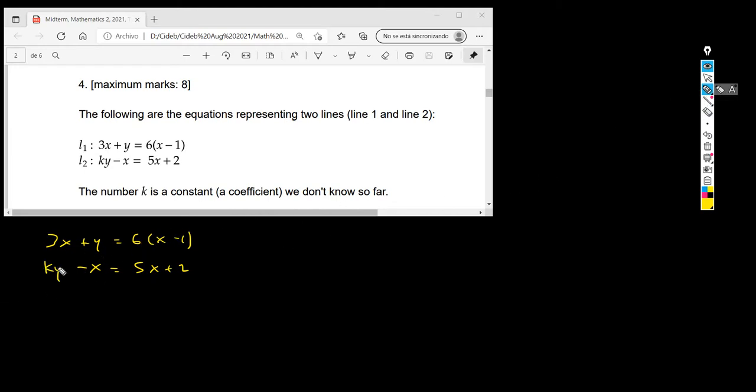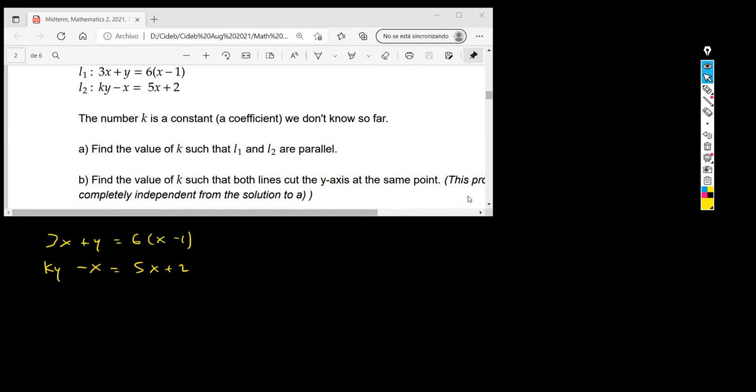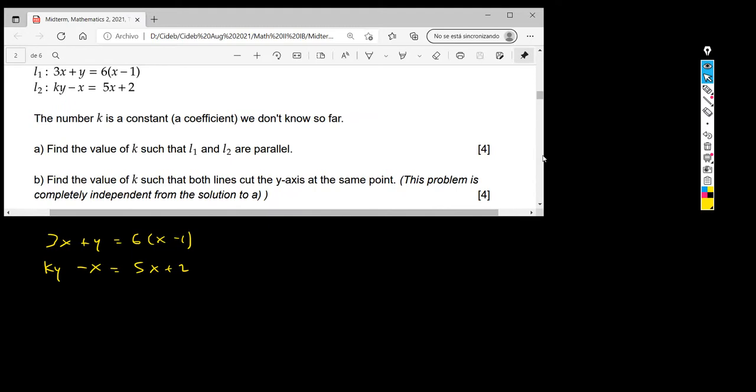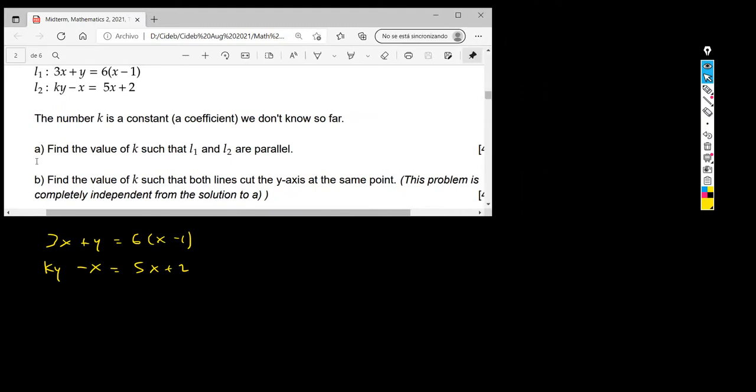Okay, so we have these two lines, and I already told you what k means, and I ask you two things. The first is: find the value of k such that L1 and L2 are parallel. So let's do that. How do I know whether two lines are parallel?